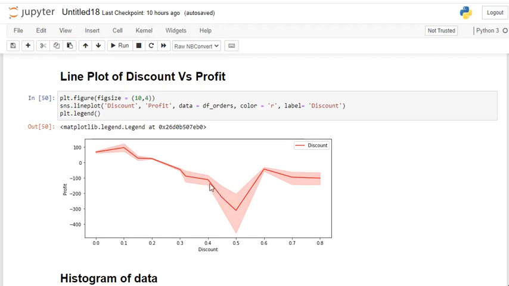After the discount 0.4 the profit goes down, and if the discount is 0.6, again there is a little rise in the profit, then if the discount is 0.8, again.